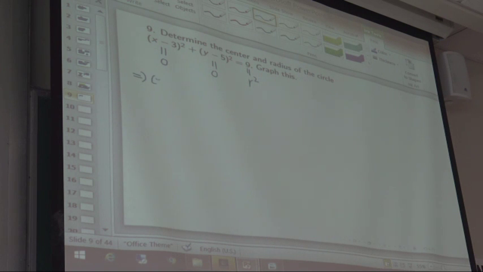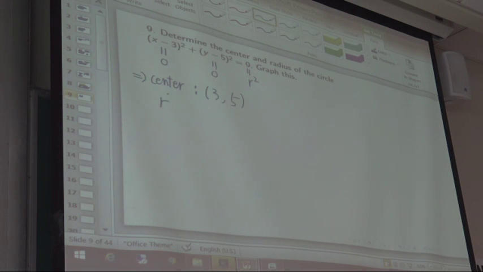So what is the center? We want to get the x and y value for the center. X minus 3 is equal to 0. What is x value? 3. Y minus 5 is equal to 0. What is y value? 5. So the center is 3, 5.